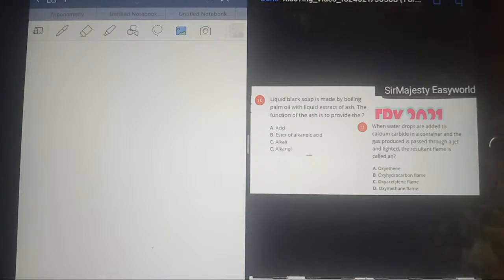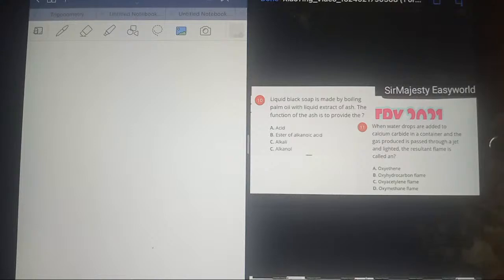Number 11 says when water drops are added to calcium carbide in a container and the gas produced is passed through a jet and lighted, the resultant flame is called oxyacetylene flame. Simple. Because when you add cold water to calcium carbide, it's seriously exothermic, but the gas that comes out is acetylene.